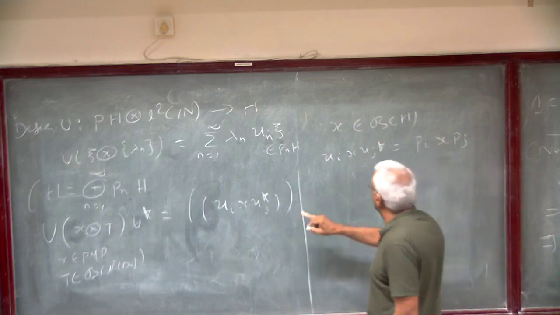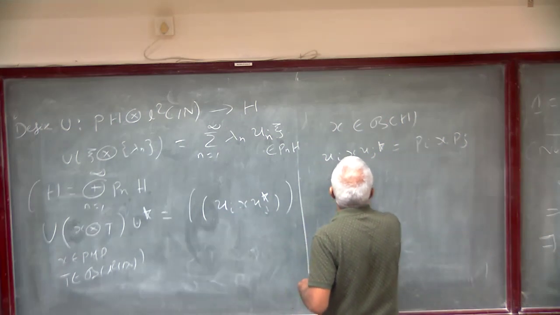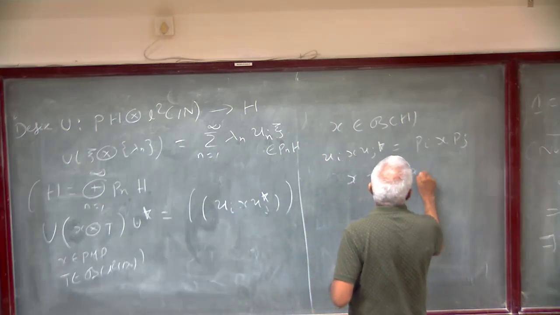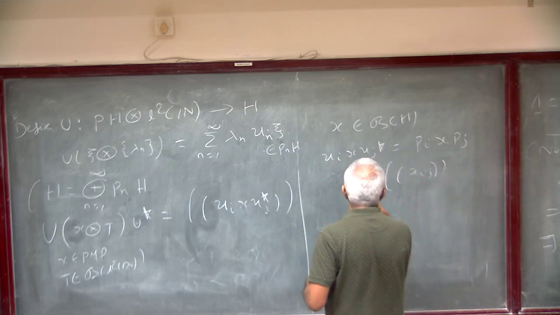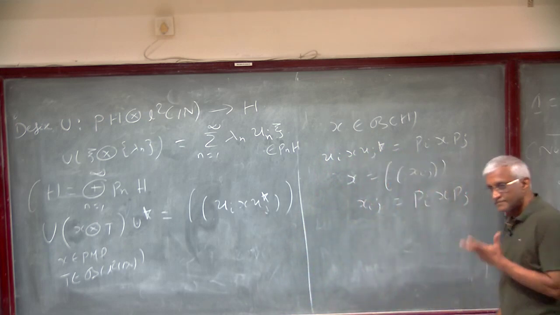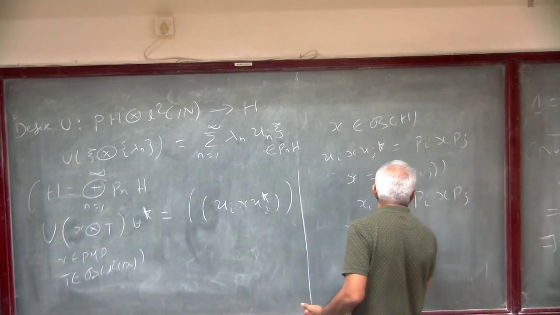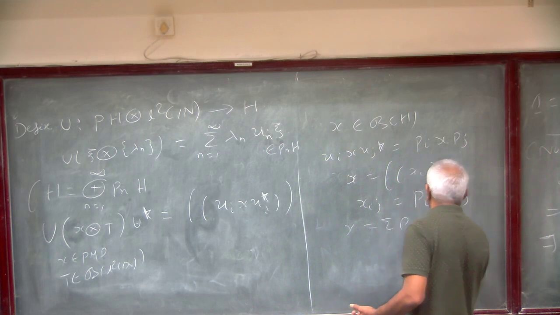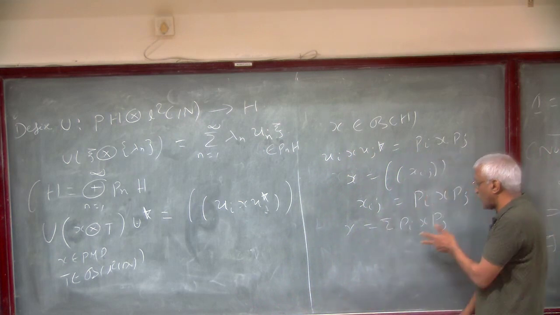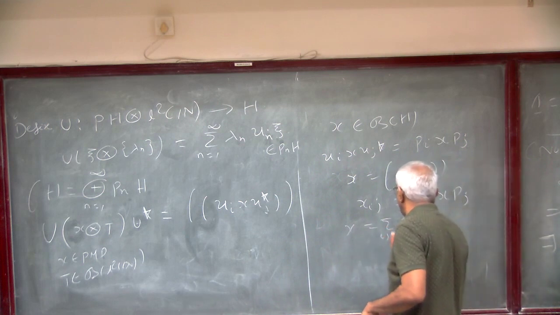So now any matrix X in B of H is X equal to Xij, where Xij is nothing but Pi X Pj. That's all. Or you can even write it as X equal to the summation of Pi X Pj, where the sum is over i and j.